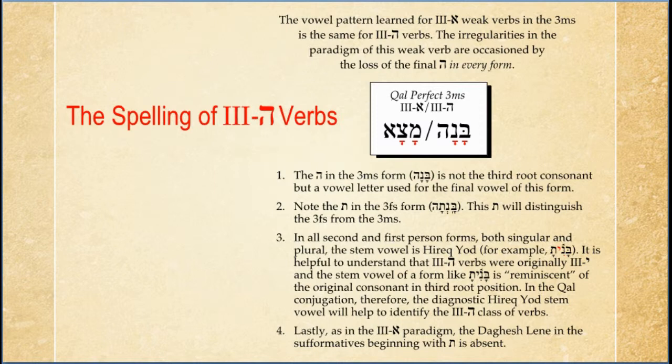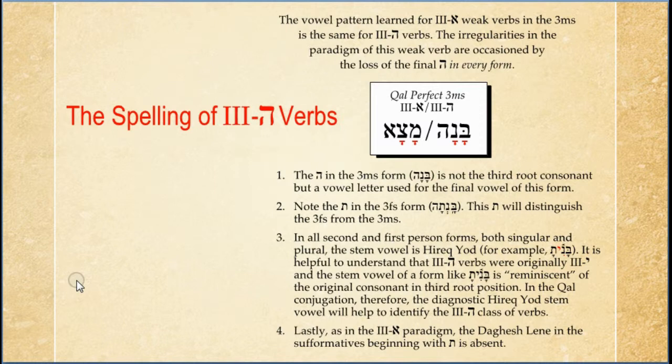So the irregularities are occasioned by the loss of the final hey form here. This is a little bit different. With hey, what happens? It simply disappears. Where the aleph sticks around, the hey just is gone. And I want you to see that the hey is going to disappear, and the tav will come in to distinguish those forms. The tav will appear.